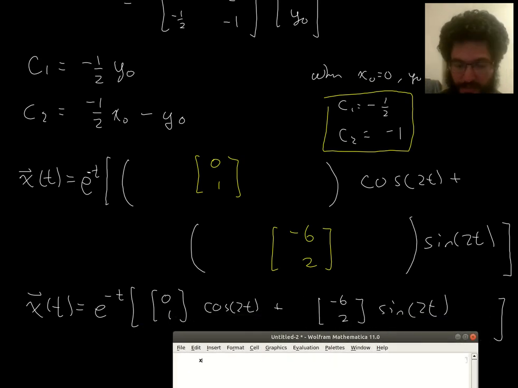So let me type in x is e to the minus t, and I'm going to type in this specific solution that I got.